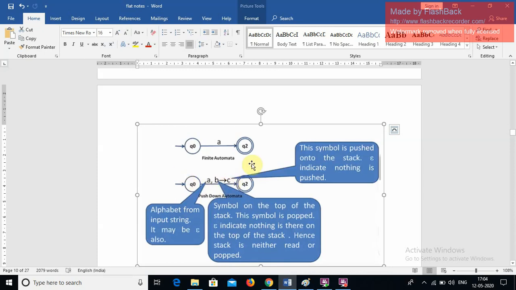So understand this: the graphical representation of PDA can be defined like this. States are there, initial and final state. In the state transition we can define like this: a comma b to c. a is the input symbol, b is the stack top variable, and c is a new variable that can be pushed into the stack.